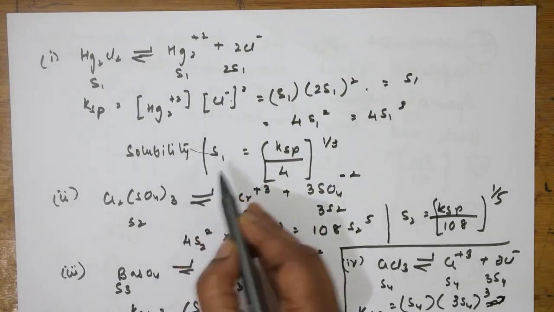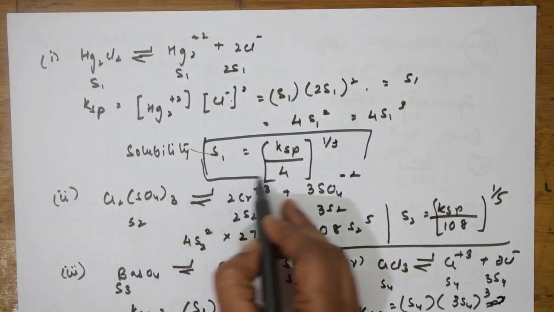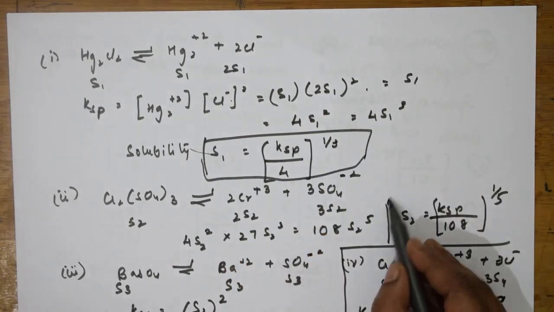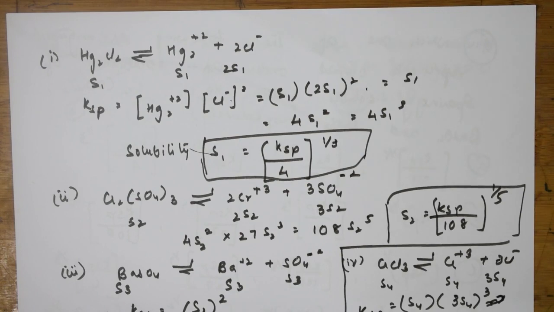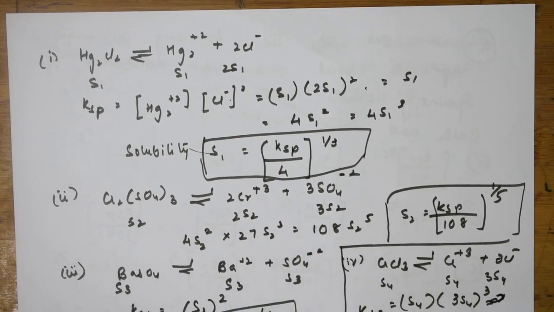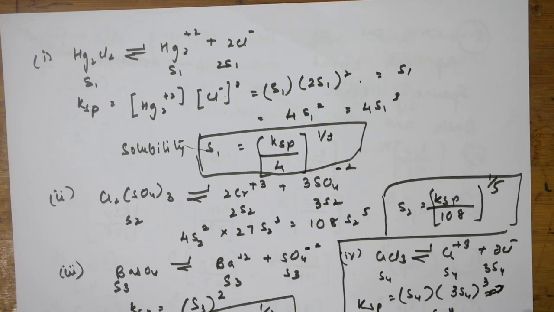So KSP, okay, S4 is equal to, or solubility is equal to, S4 is equal to, now this is S1 which we found out, this is S2 which we got, this is S3, okay, already there, isn't it? Let me write that. S3 is equal to KSP to the half. Okay, S3 is this, S4 if I have to write, (KSP by 27) raised to 1/4.